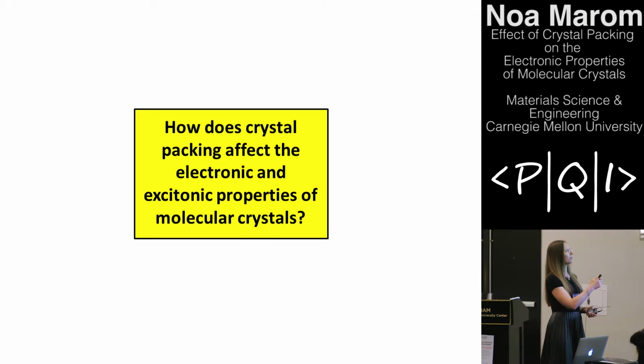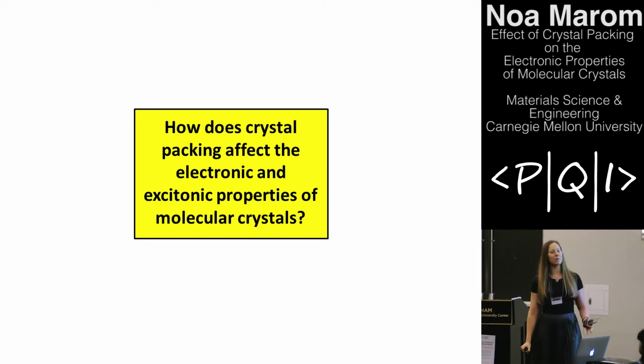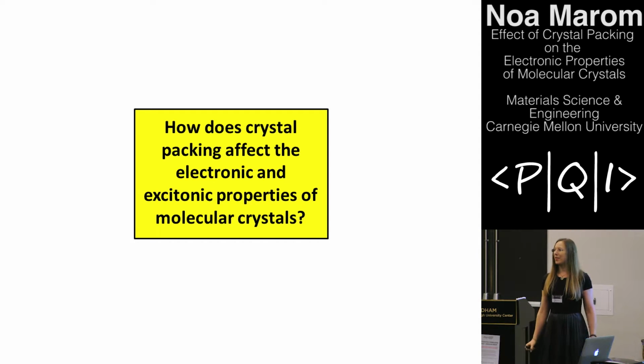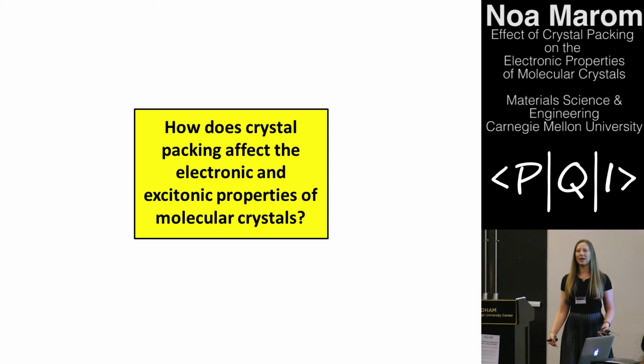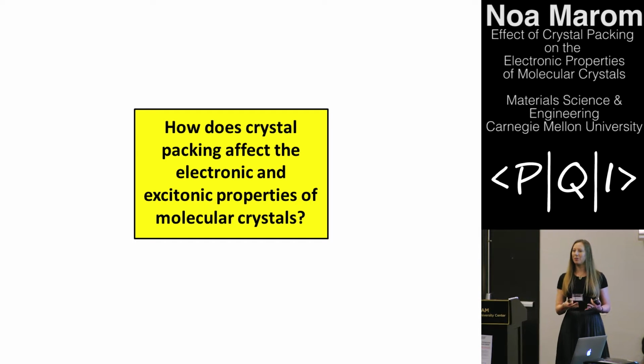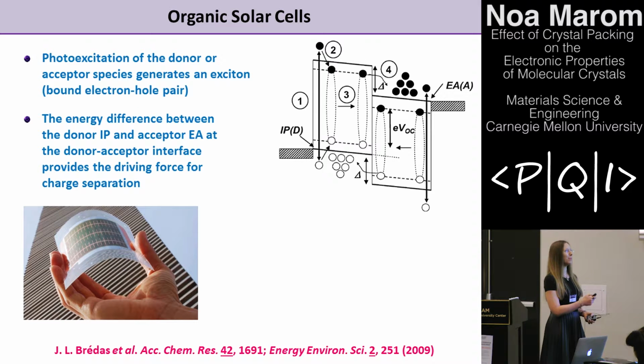So, okay, we can describe the structure energetics, and the next thing we want to know is how crystal packing affects the electronic properties of molecular crystals. And why do we care? Because we want to make organic solar cells.